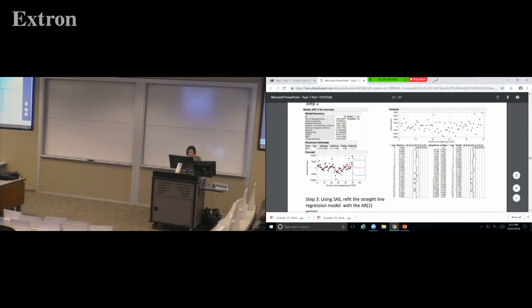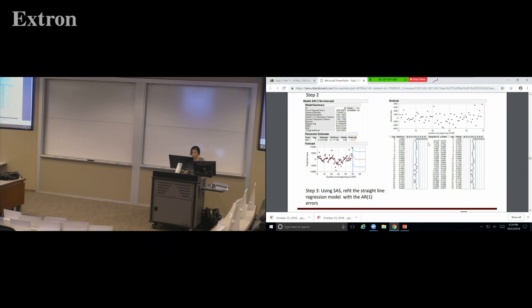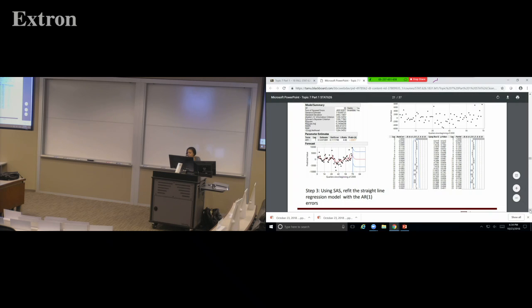The resulting residuals appear to be white noise. The Q statistics are all not significant. And so now we have a mean of 0 and constant variance. So we'll be happy with autoregressive 1 errors. We're going to fit the regression model with autoregressive 1 errors.